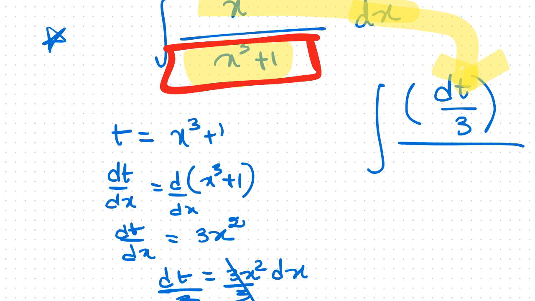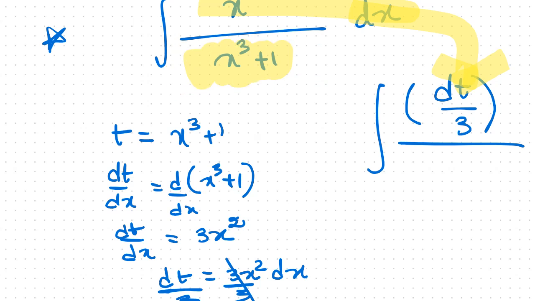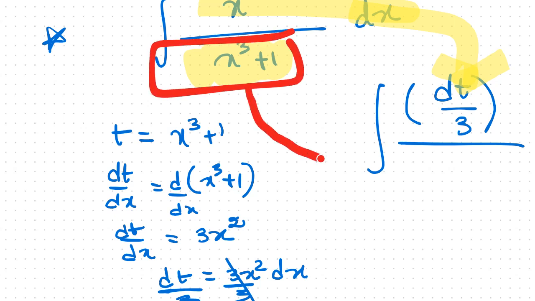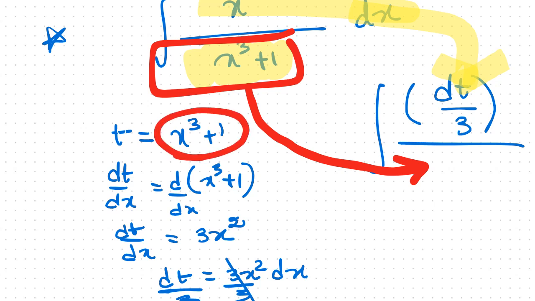See, it's not about 3x square, you have to drop it as it is. X cube plus 1 is what? The 3x square is the derivative of x cube plus 1. X cube plus 1 means t.